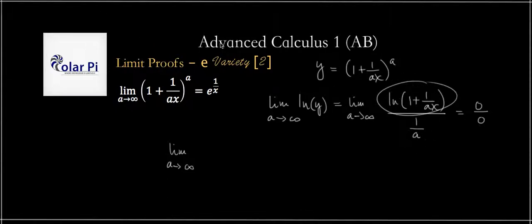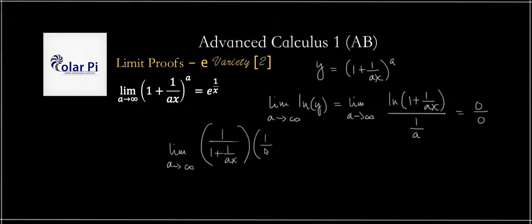The derivative of the numerator is going to be 1 over 1 plus 1 over ax, but this times, by chain rule, the derivative of that. The derivative of 1 is 0, but the derivative of 1 over ax is going to be 1 over x times negative 1 over a squared.